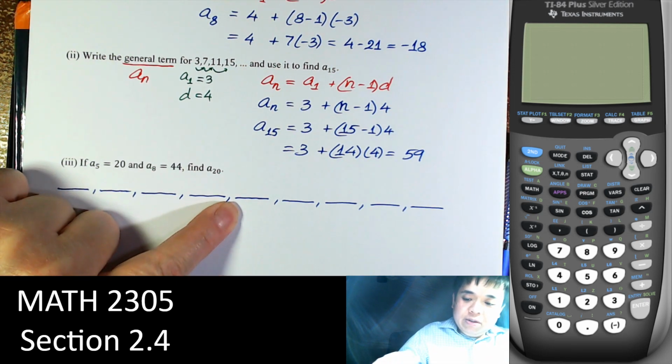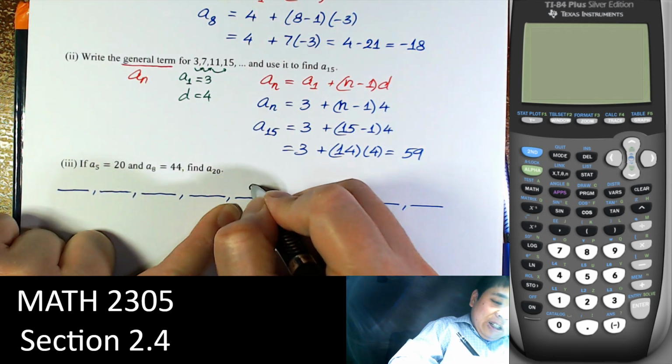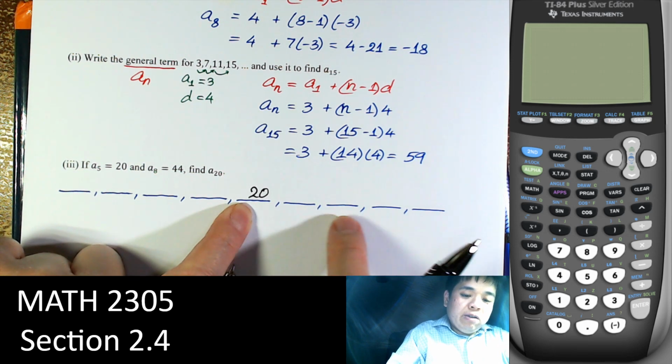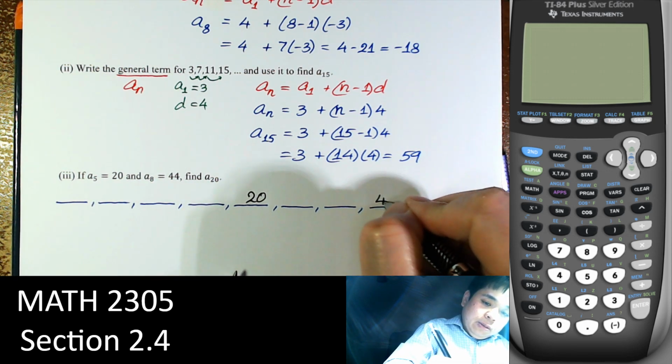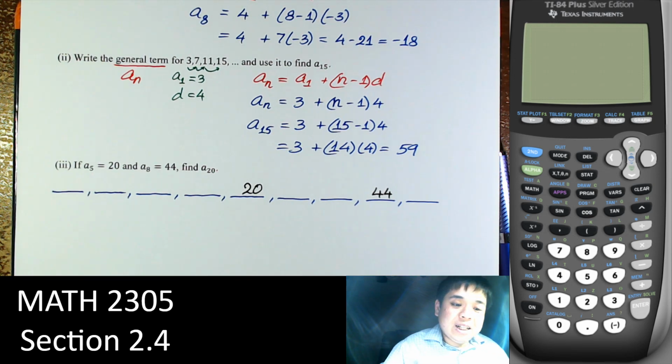We know the fifth term is 20. So 1, 2, 3, 4, 5, 6, 7, 8. How do we find the rest?